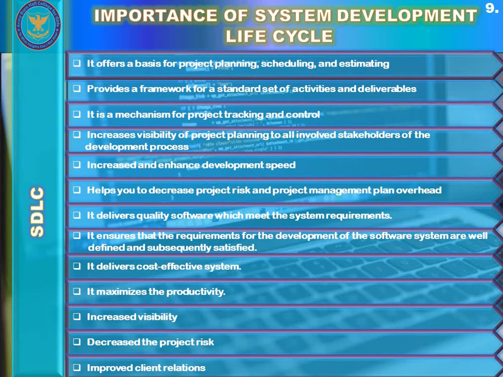So this decreases the project risk. All the people are doing work in a sequence. The software development life cycle is going in a sequence. When things are organized and in a sequence, this actually decreases the project risk.